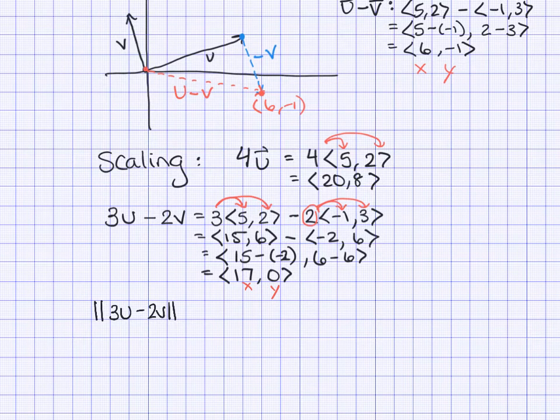So this is going to be equal to the square root of 17 squared plus 0 squared, or the square root of 17 squared. Now I can figure this out, but also square and square roots cancel each other out and I just get 17. So I can say that the magnitude of 3u minus 2v is 17. So we can still use all the previous knowledge from our other video and apply it here as well. So this is kind of all the algebraic pieces.